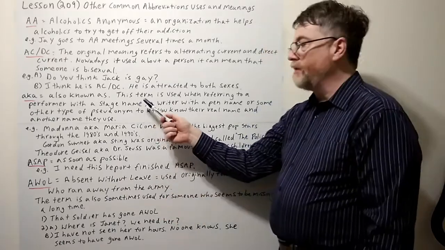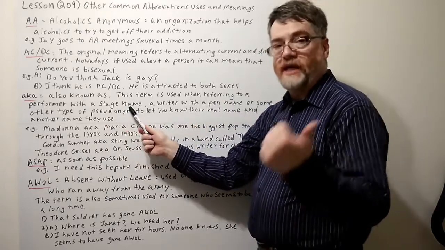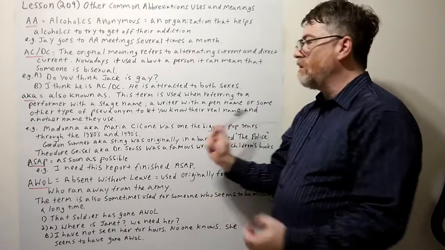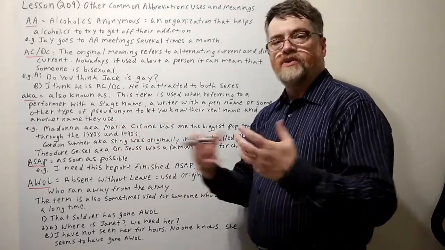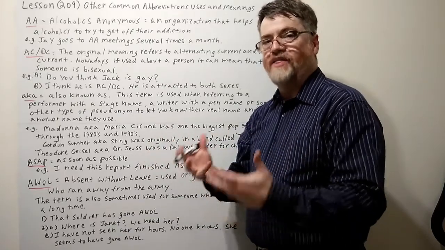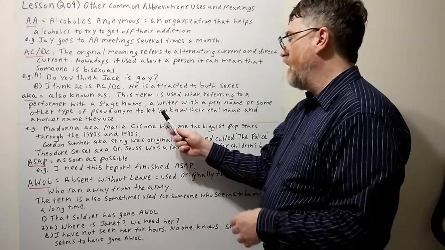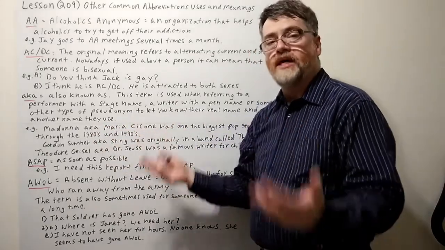This term is used when referring to a performer with a stage name, a writer with a pen name, or some other type of pseudonym, some other type of person that's using another name that's not their real name, but they became famous with the other name. It lets people know their real name and another name they use.